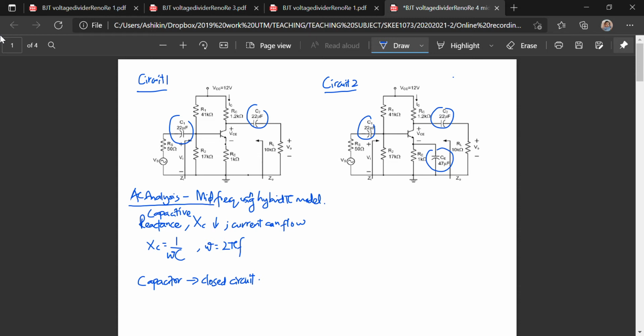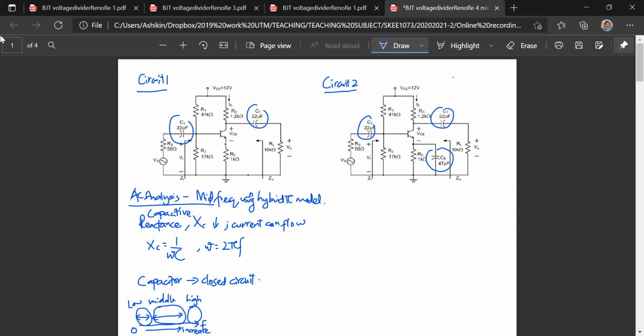So if we have frequency values starting from 0, we know that the frequency will increase. Starting from here, at a certain range of frequency we label it as low frequency, and then up to a certain value of frequency we label it as middle frequency, and then as the frequency increases we represent it as high frequency.